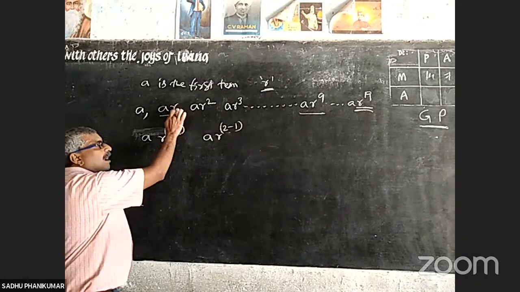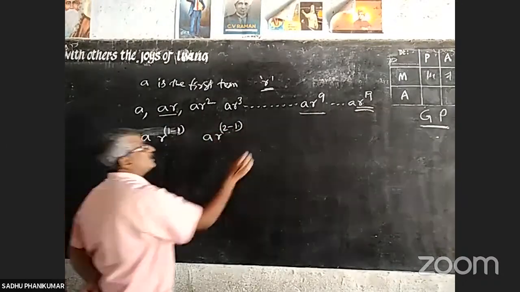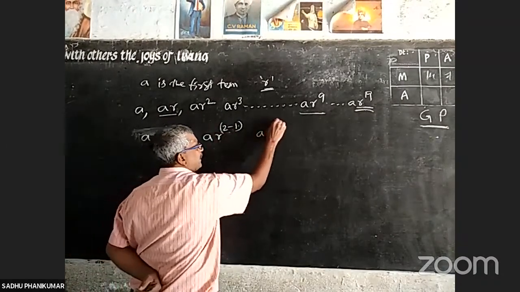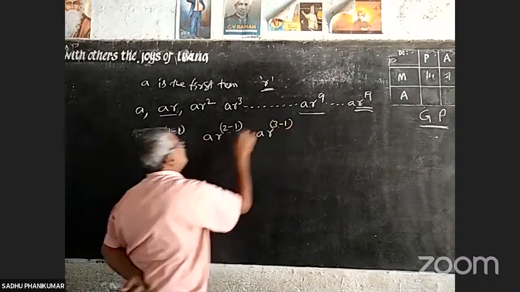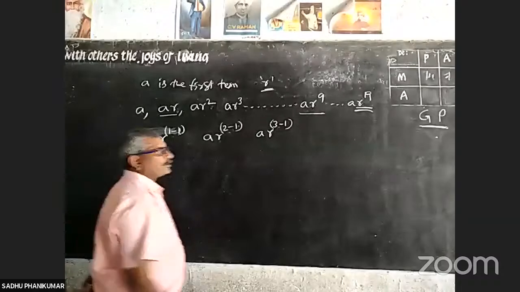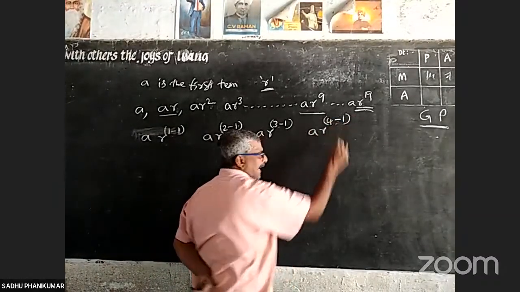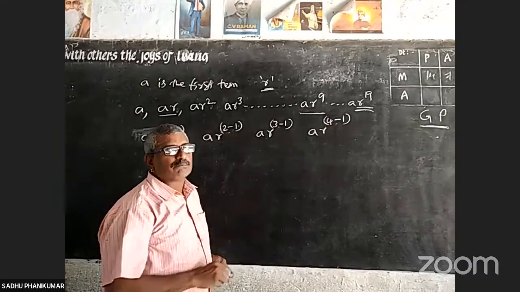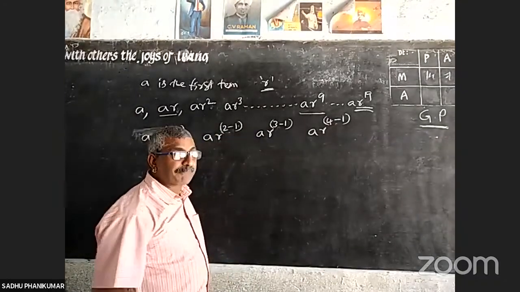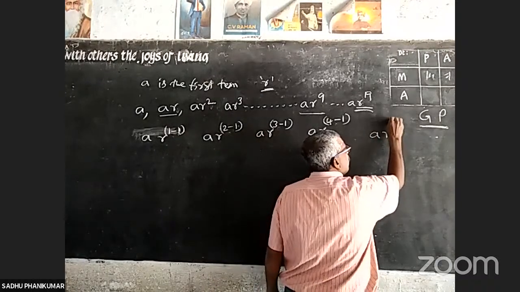2 minus 1 is 1, R power 1 is R. So it is A R power 3 minus 1, which is R power 2, and then A R power 4 minus 1. Like that, for the 50th term, the number of the term is 50, so I write A R power 50 minus 1.